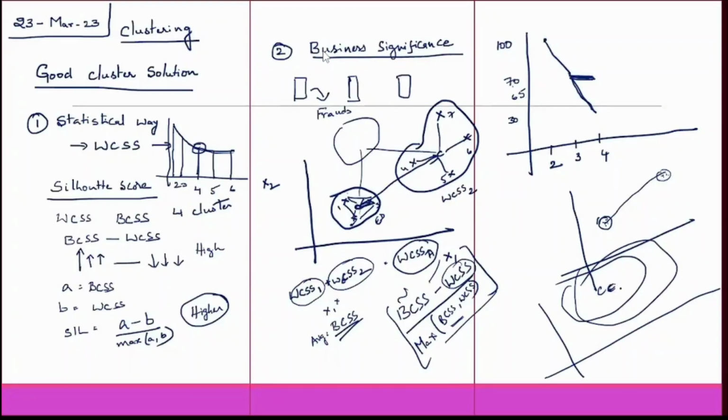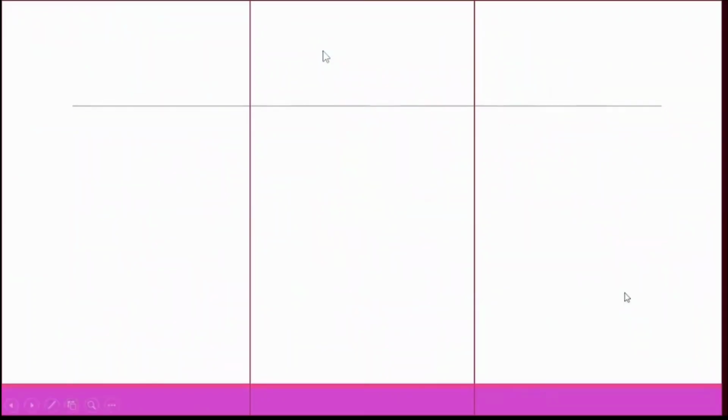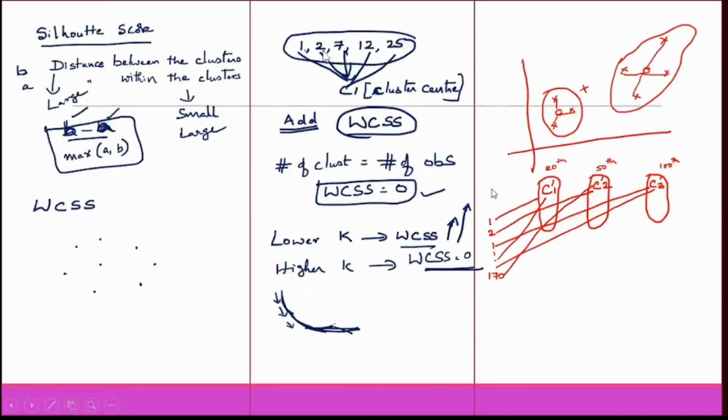So the cluster centers of both of them are very, very close, which means the distance between the clusters is almost negligible. The total distances within the clusters is very, very high. So in that case, we will typically end up with a value closer to -1.